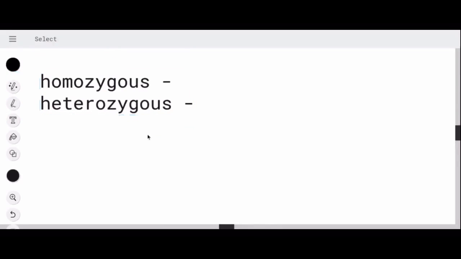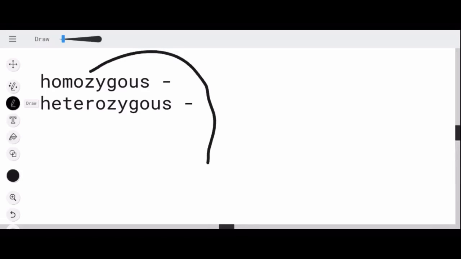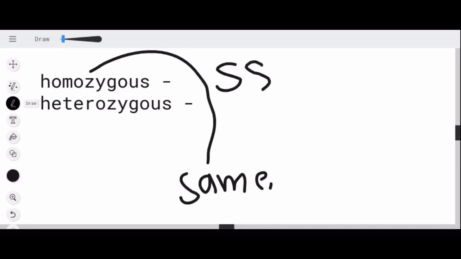The root homo usually means same. Homozygous would mean when the traits are either both dominant or both recessive. The alleles are identical, like SS, both dominant, or lowercase s for both, as long as they're the exact same. That's what homozygous means.